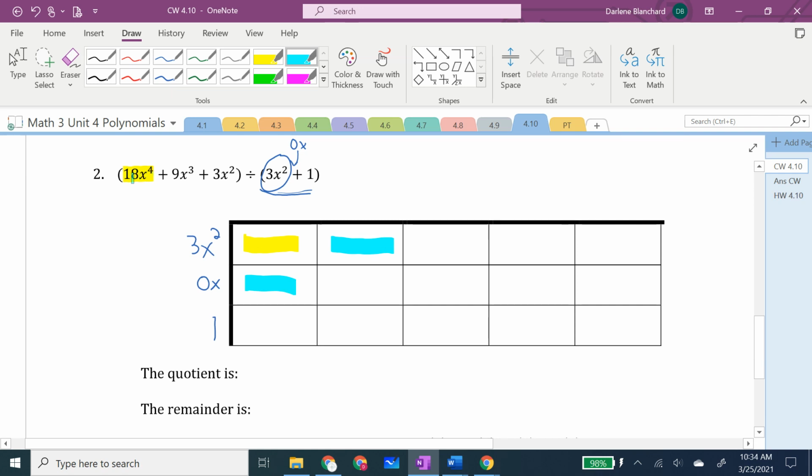So I start with a degree 4 with my 18x to the 4th. This next diagonal must be x cubed. Those are going to need to add up to make a positive 9x cubed. The next diagonal underneath that is 3 boxes. Those 3 boxes are going to need to add together to make a positive 3x squared.